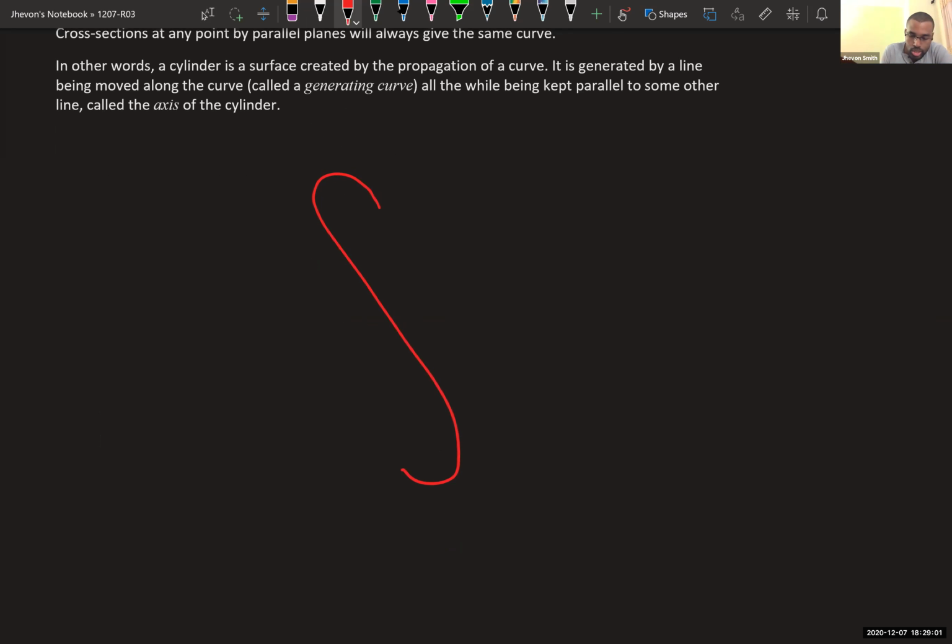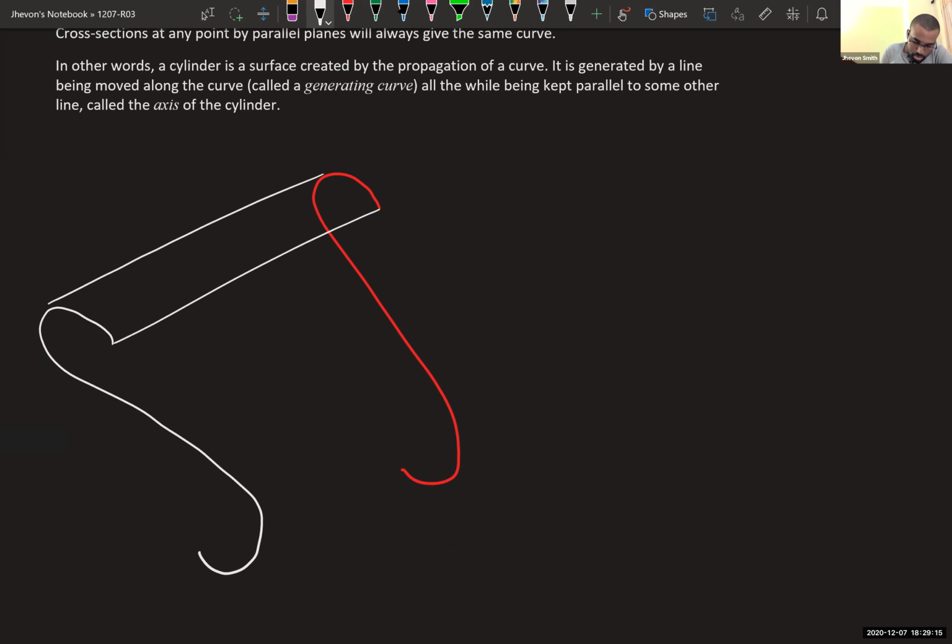So I can say, just move this guy, let's say along some axis over here. So literally, no matter where I slice, it's the same curve that's always being shown.